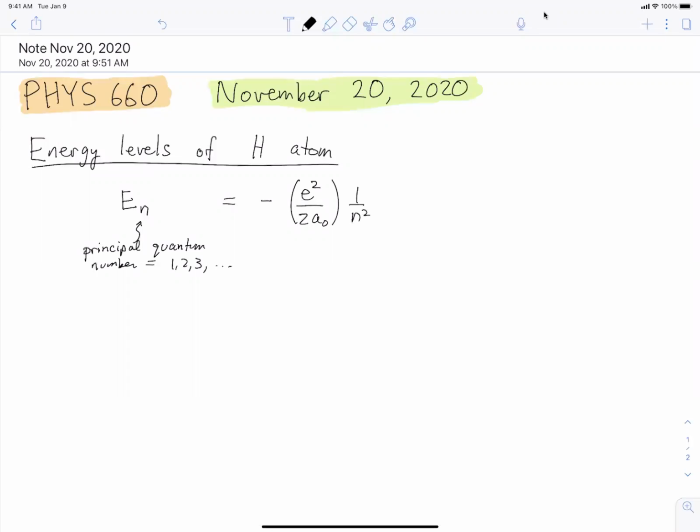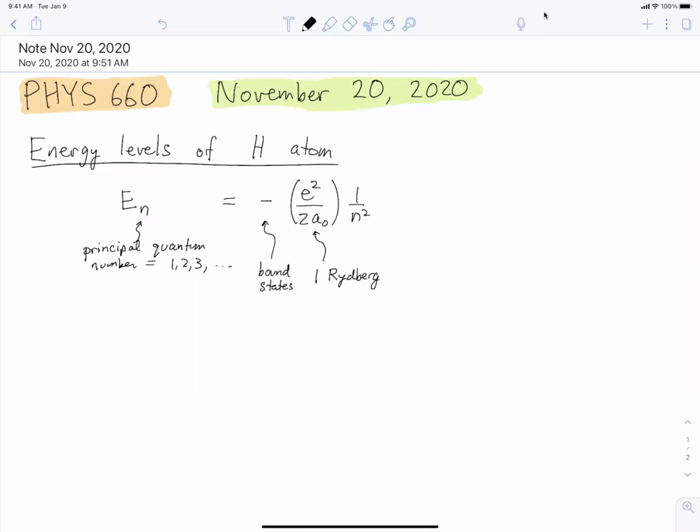The minus sign is a reminder that we're talking about bound states. The e squared over 2 Bohr radius is also known as 1 Rydberg.